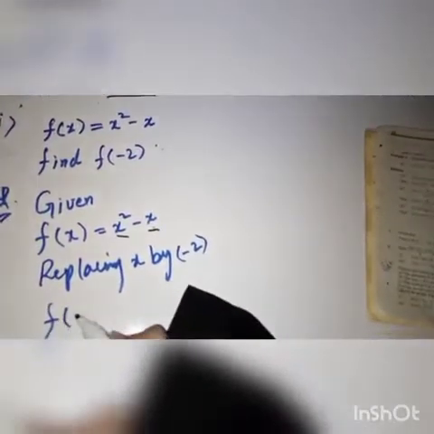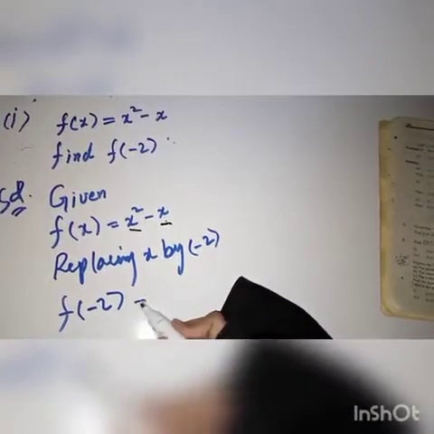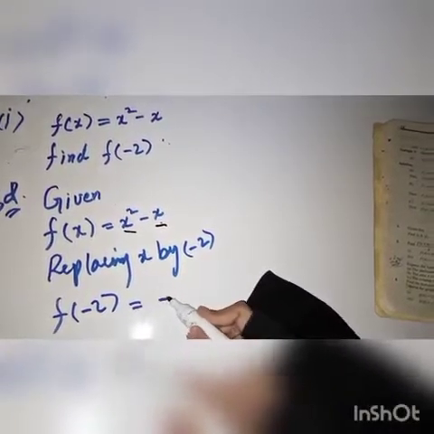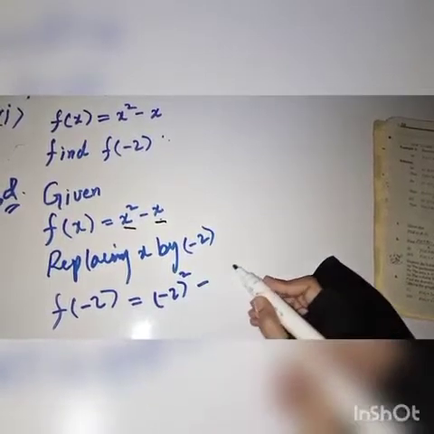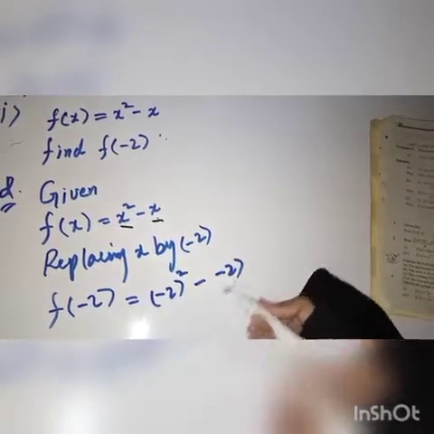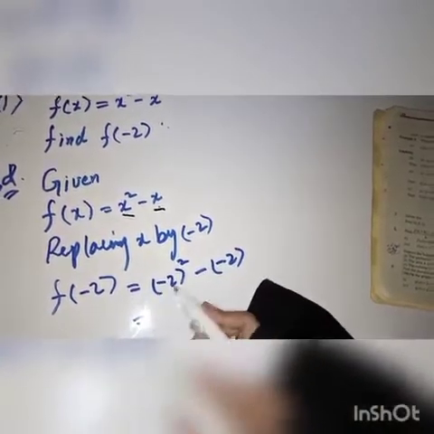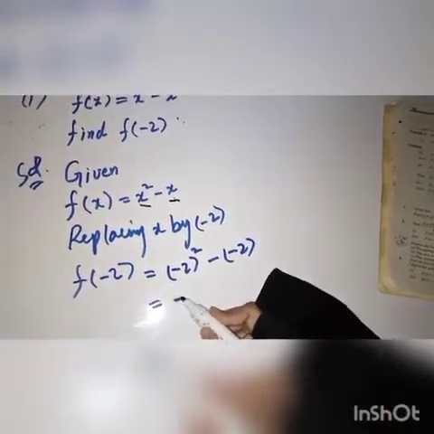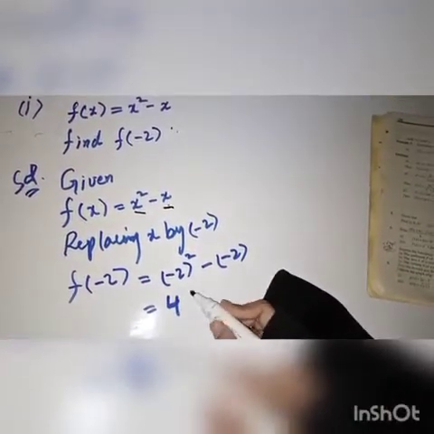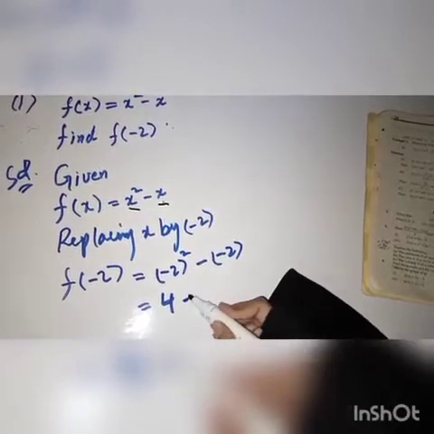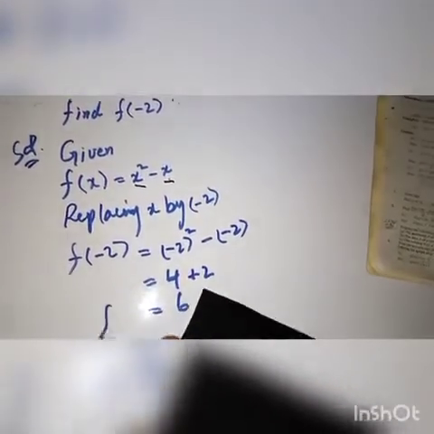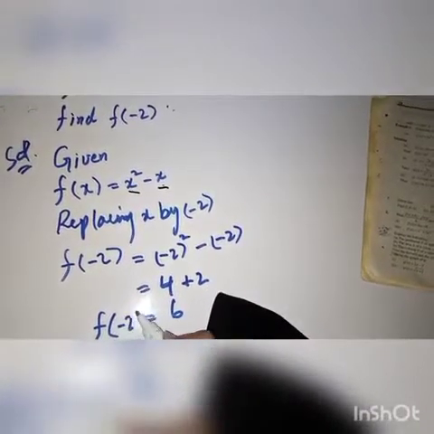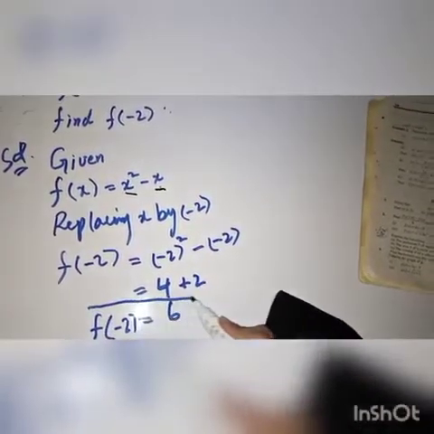Now f of minus 2 is equal to, in place of x write minus 2 square as it is, minus as it is, in place of this x minus 2. Minus becomes plus. This is our required term. The function of f of minus 2 is equal to 6.